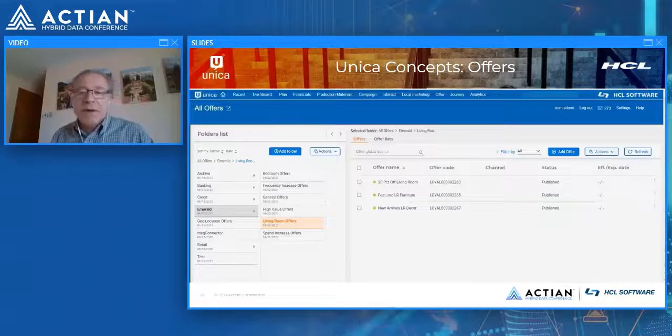So the first key concept in Unica is offer. When you hear the word offer, you may think about coupon, 10% off, buy one, get one free. You know, this offer will not last. And the truth is that offer can be all that and many other things. It's a reusable, trackable, and configurable application object that represents any type of marketing communication.